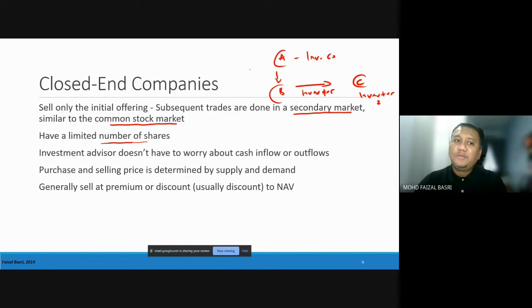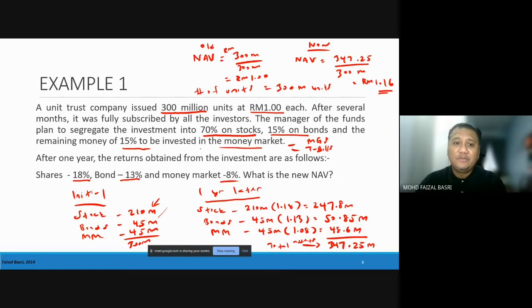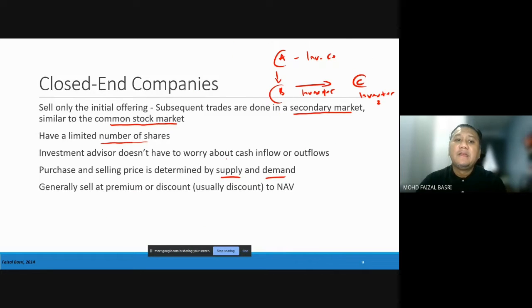Okay, so this close end pretty much similar like the stock market. Okay, semuanya bergantung kepada sentiment juga and the price is determined by supply and demand mostly. Walaupun net asset value ni ada juga impact dekat sini, but the price can be fluctuated by the demand and supply.